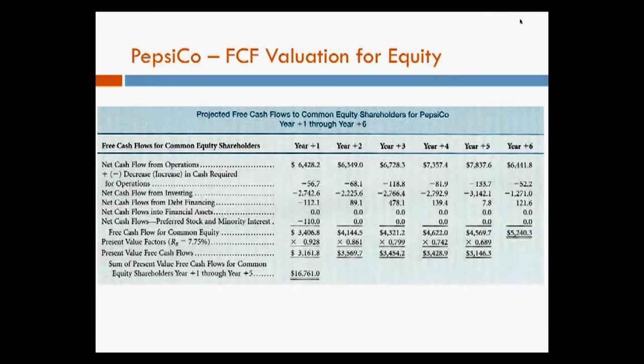Start with the net cash flows from operations on the statement of cash flows. And now we're adjusting. Remember, this is for equity only. This is not for equity or debt. We're adjusting cash required for operations. It's not available to the shareholders. Cash flow from investments.